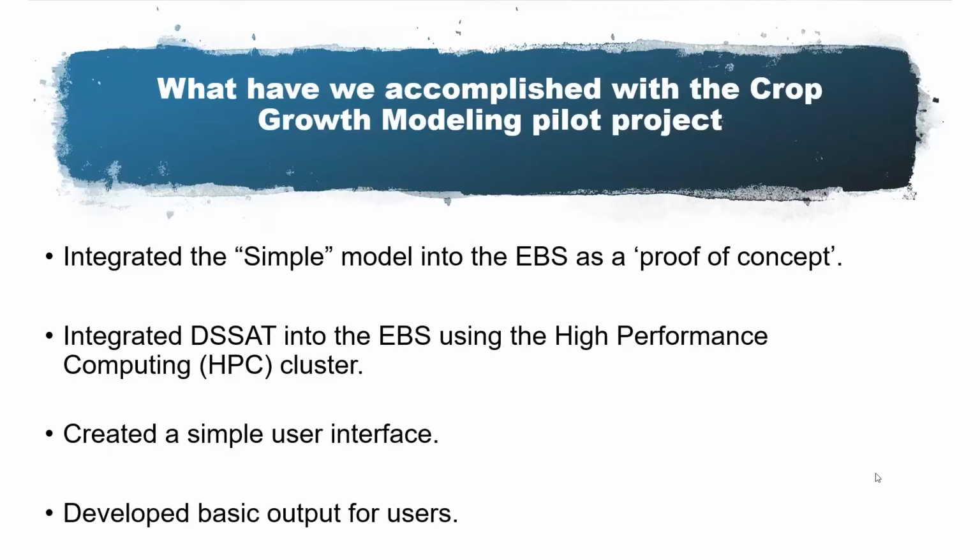And we also developed an interface for inputting location, climate, soil, management, crop model, and cultivar inputs. And we developed an initial set of crop model outputs that will be modified. We'll be modifying these outputs for maximum utility by engaging stakeholders in the development process.